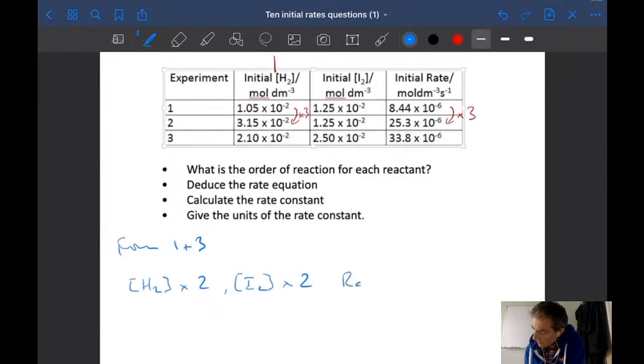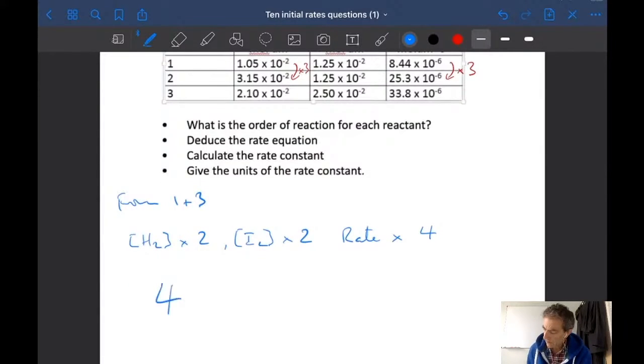The rate has increased by a factor of 4, 8.44 up to 33.8 times 10 to the minus 6, obviously. Okay, so that 4-fold increase in the rate is being brought about by that 2 to the power 1 multiplied by 2 to the unknown power.